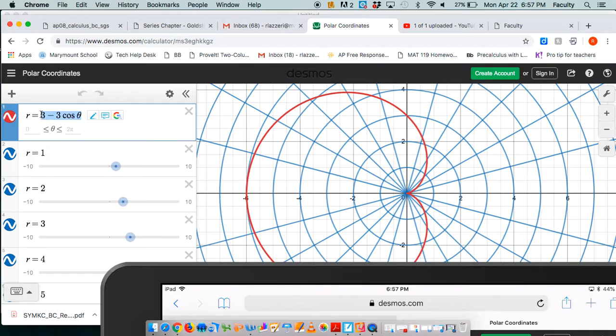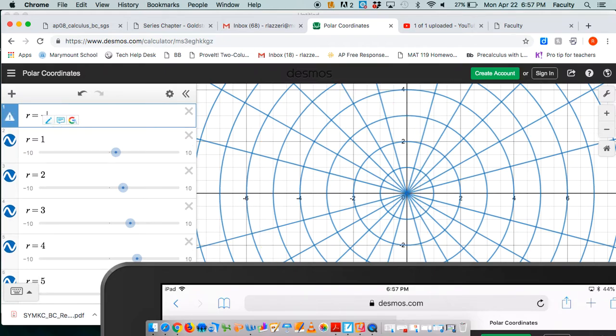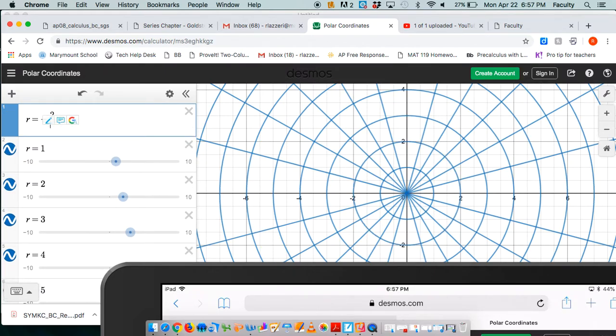Alright, so I have negative 2. By the way, you can put your calculator in polar mode. You don't really ever need to for the AP exam, sort of like I've talked to you about parametric, but you could. Alright, so what was my answer here? I had negative 2 over 3 cosine theta minus 5 sine theta, I think.